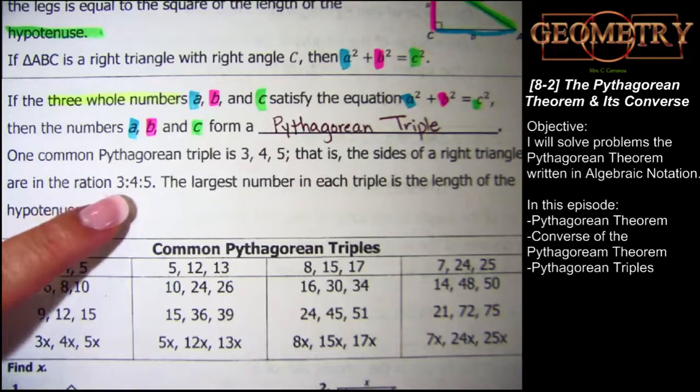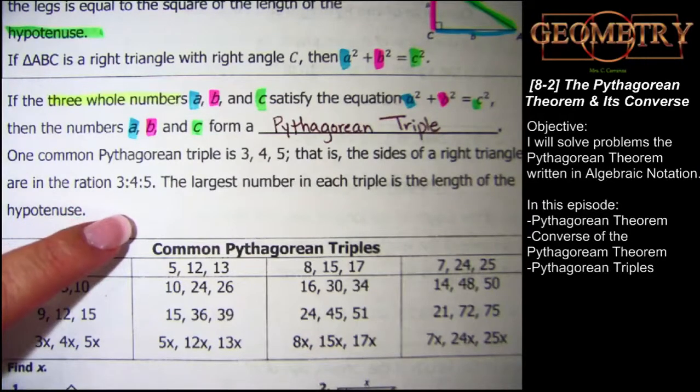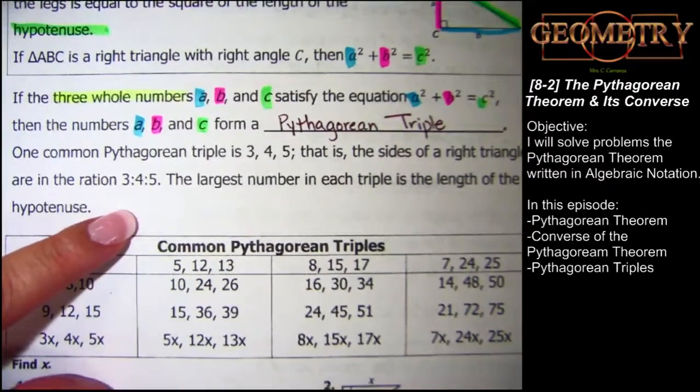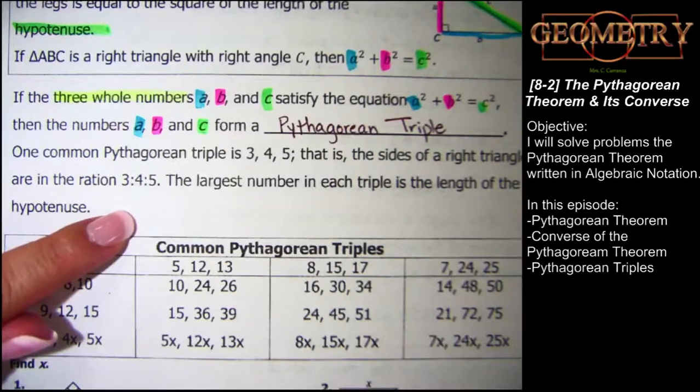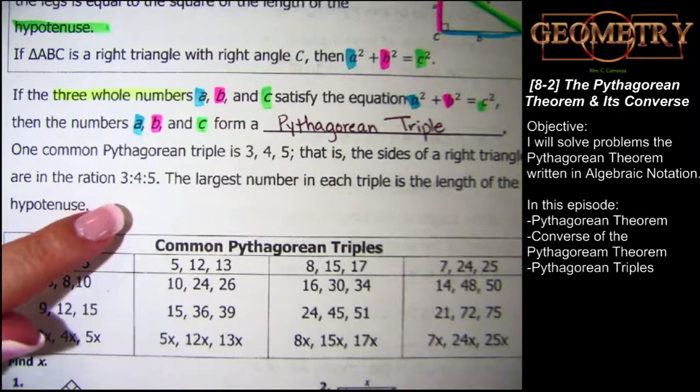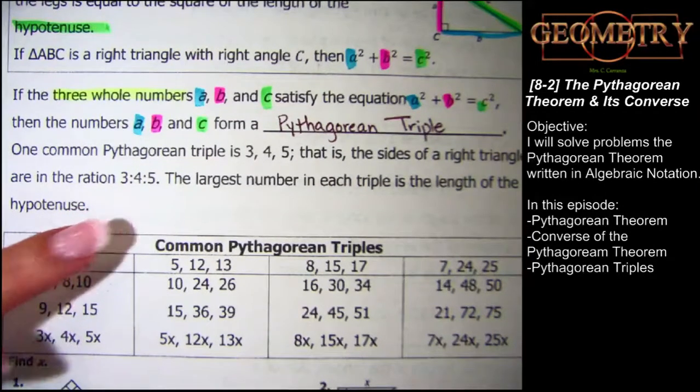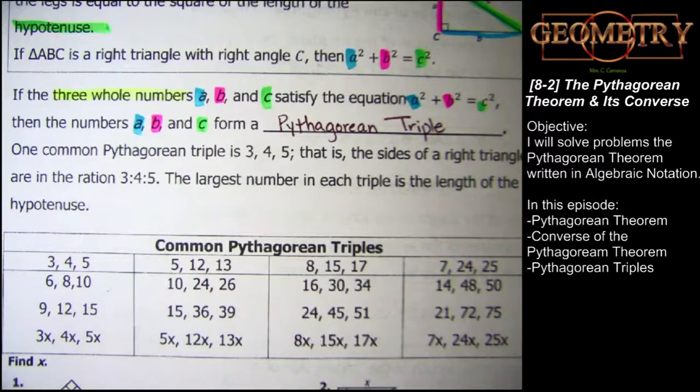So if I multiply each of these by 2, I'm going to get 6, 8, and 10. If I multiply these by 10, I'm going to get 30, 40, 50. If I multiply them by 5, I'm going to get 15, 20, 25. You're always going to see those combinations if it's a 3, 4, 5 right triangle.